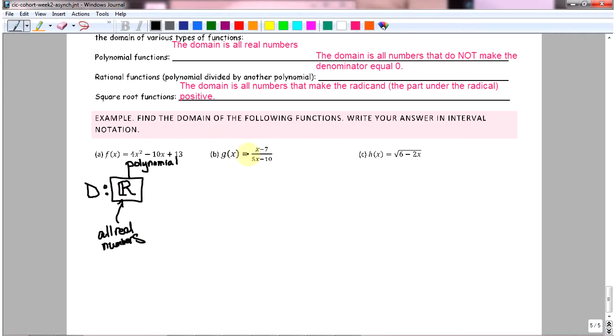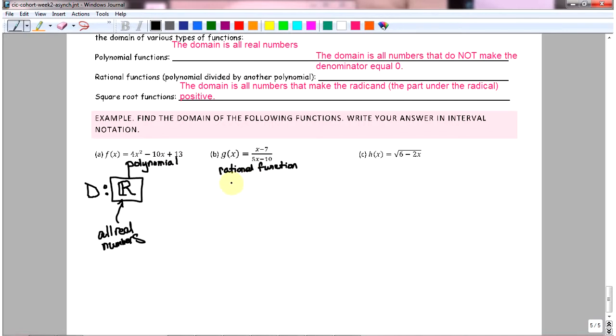For part B, we're dealing with a rational function. A rational function's domain is any real number except the ones that make the denominator 0, because you cannot divide by 0.